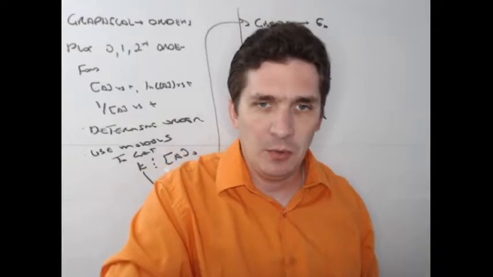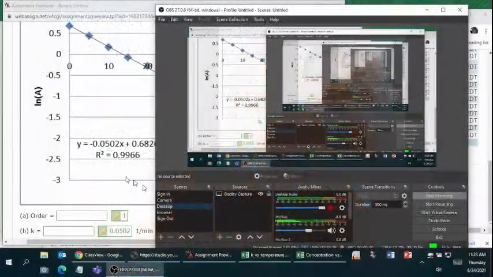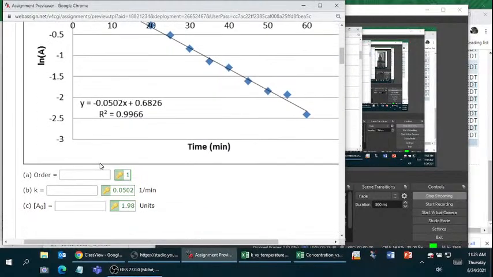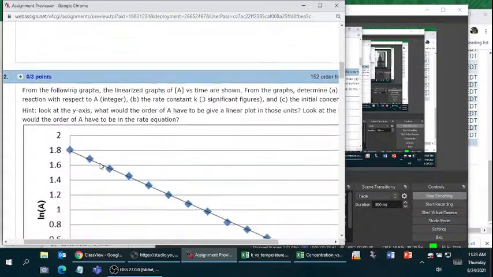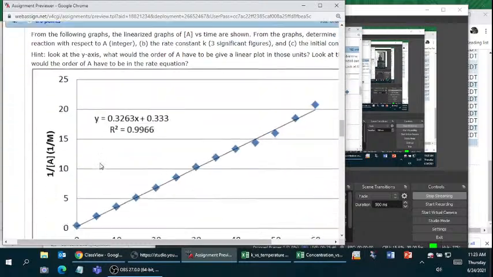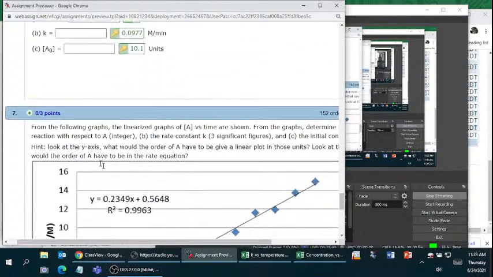But you have one homework that starts out like this one here, where you're given the plots and asked to extract out the kinetic information. That's basically all you're doing with the Excel sheets. You're generating these various plots, concentration versus time.